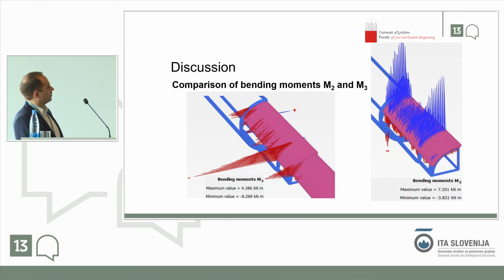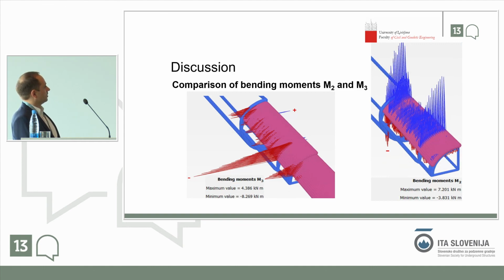And another one also, we analyzed not only the crown pipe, but also those pipes that were at other locations, and we can see here that the crown pipe has the highest bending moments, and those bending moments decrease as we go to the outside of the pipe roof.